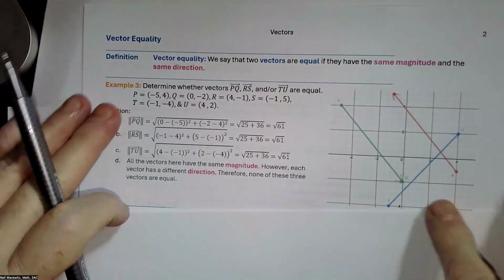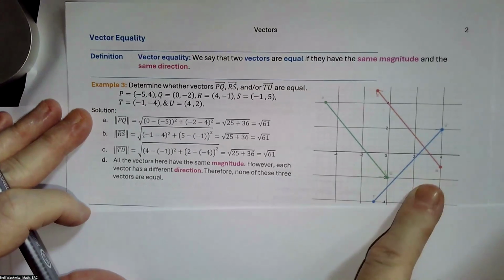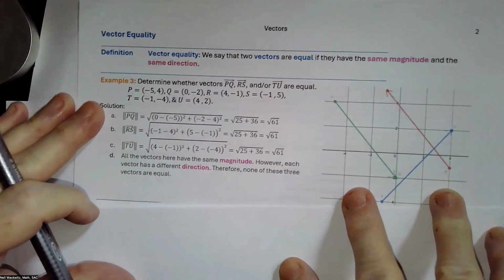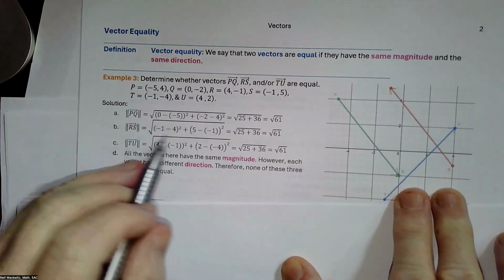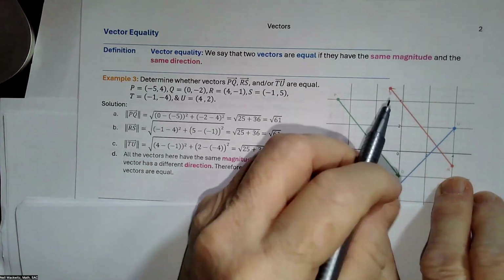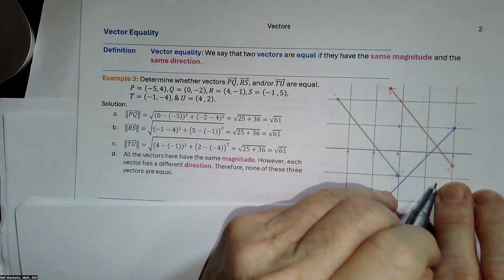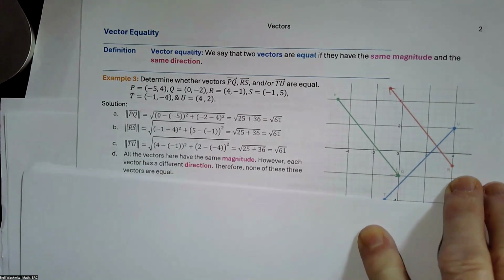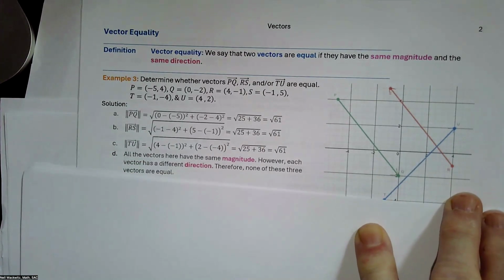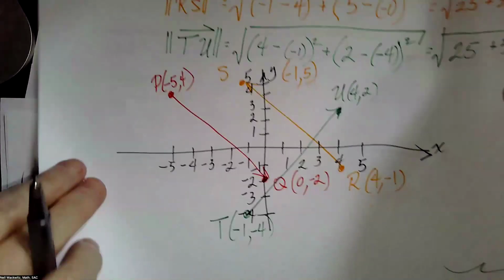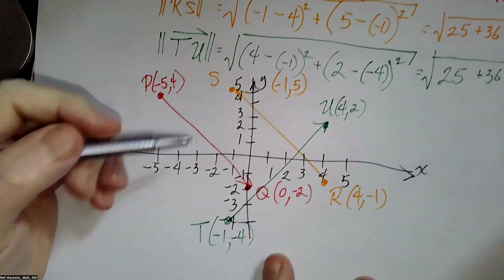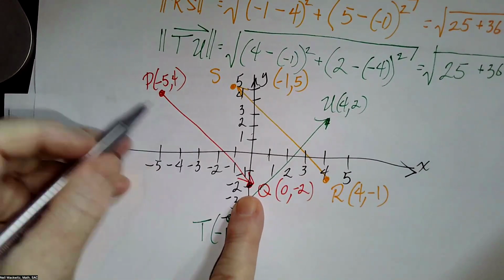So let's look at the three vectors we just drew. PQ, let's see. I'm going to use my drawing because it's bigger.